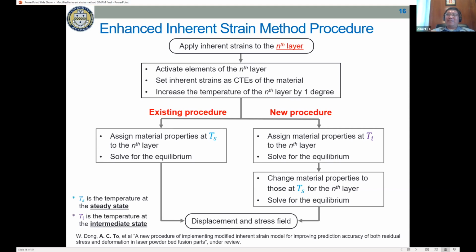The first step is during the deposition, where we should apply the material properties at the intermediate state, at a temperature which is a lot higher than room temperature. Then subsequently, when it becomes part of the structure, we switch to the room temperature properties. So this becomes a 2 temperature model instead of using single temperature properties.